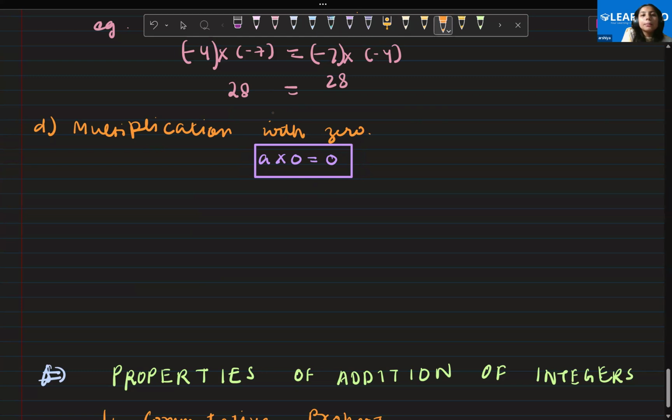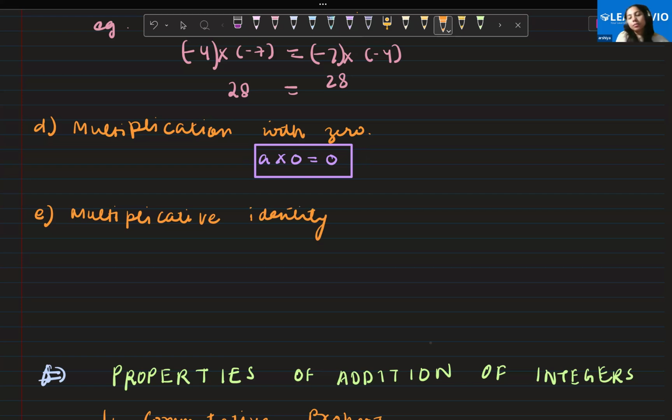Then we have the multiplicative identity. What is the multiplicative identity for integers? Can anyone tell? Okay, so the multiplicative identity will be 1.